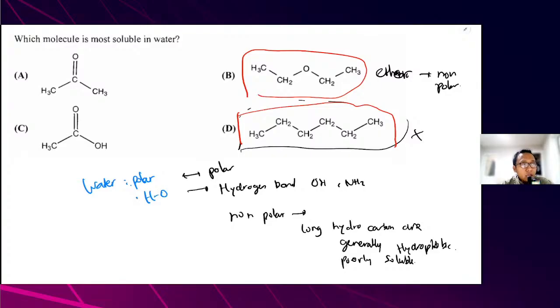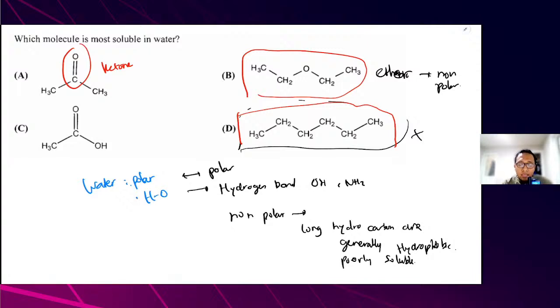Let's take a look at option A. This is a ketone. It has a polar CO, so it's polar and soluble, because water is polar.